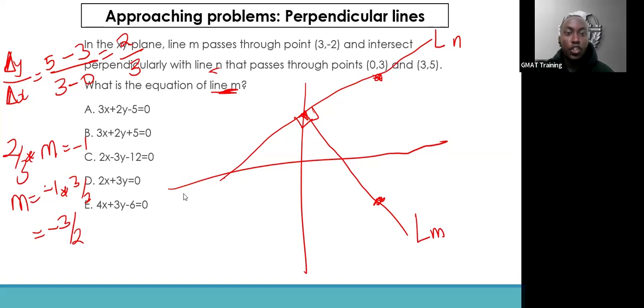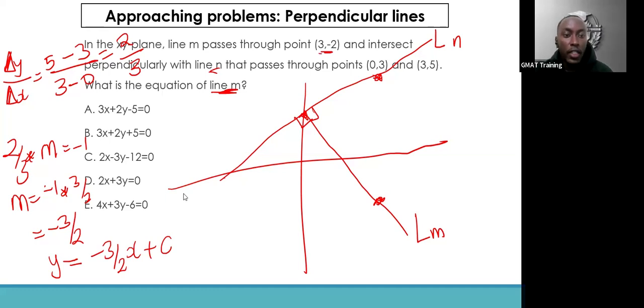Therefore, the equation of line M will be y equals mx plus the y-intercept c, where m is negative 3 over 2. To find c, we know that line M passes through point (3, -2), so we input this point.